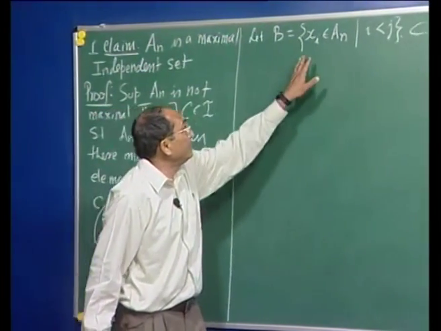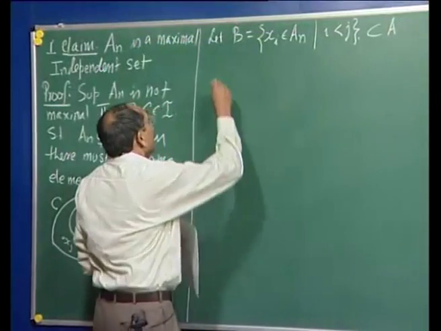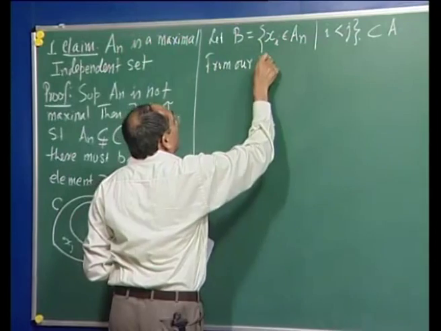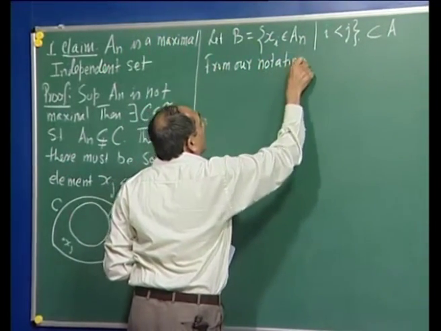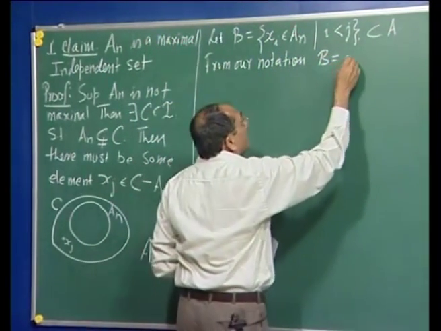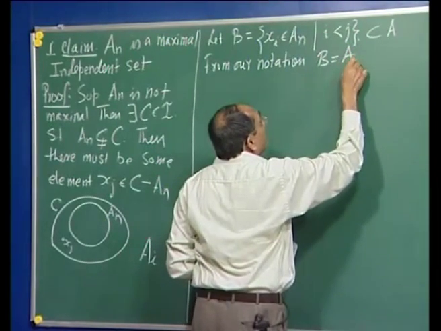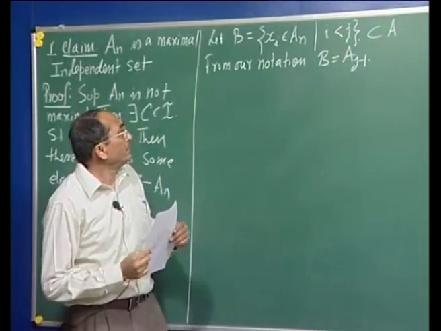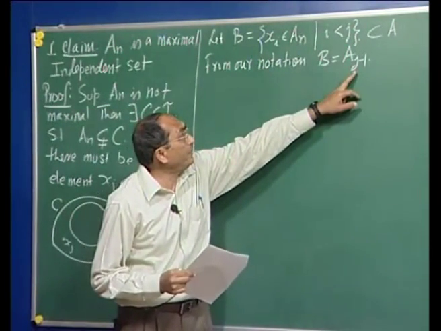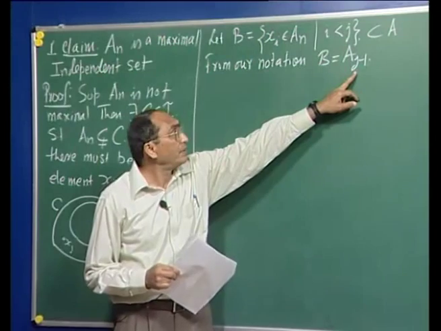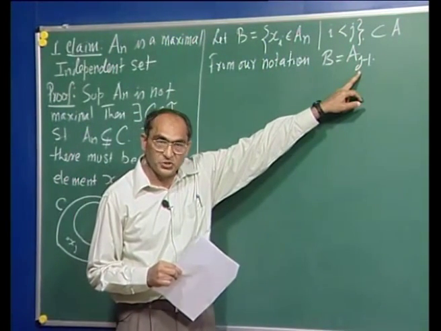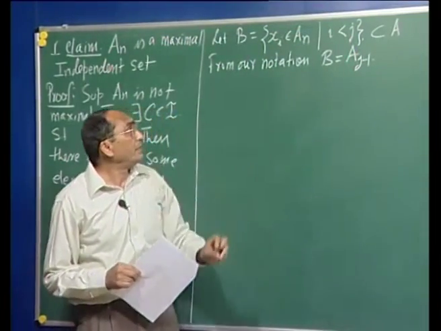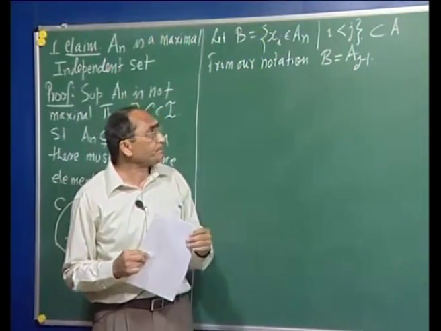Then notice that from our notation, B is precisely A_{j-1}, because from A_n we have deleted those elements which had index greater than or equal to j. Of course, x_j is not in A, so it does not matter.